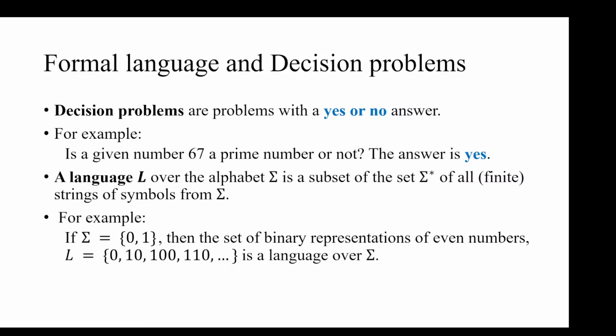The first name we have here is decision problem. A decision problem is basically just a problem where the answer is either yes or no. You need to make a decision, and it is a yes or no decision. When people say decision problem, it means a problem with a yes or no answer.